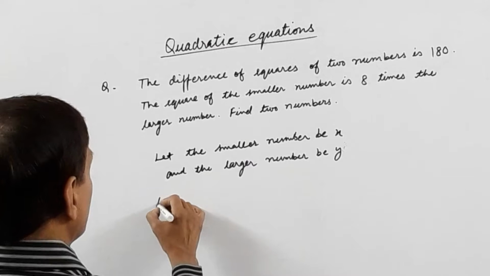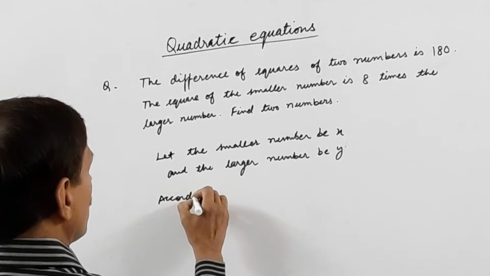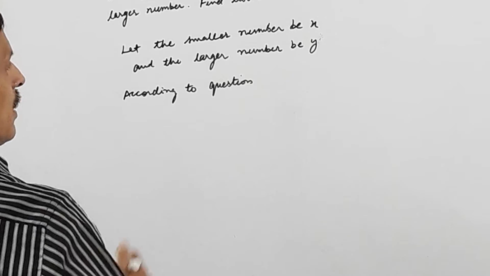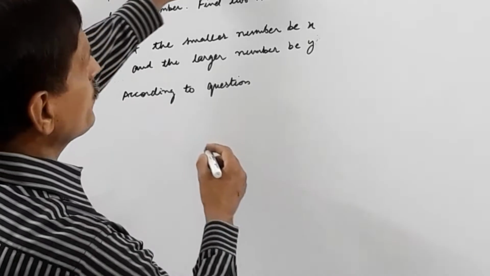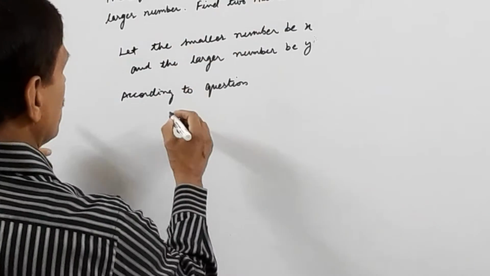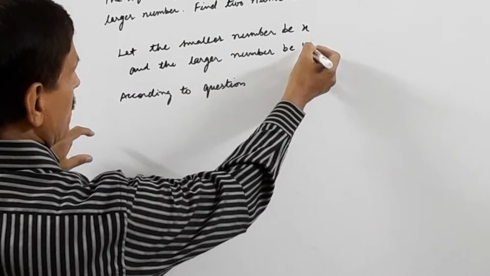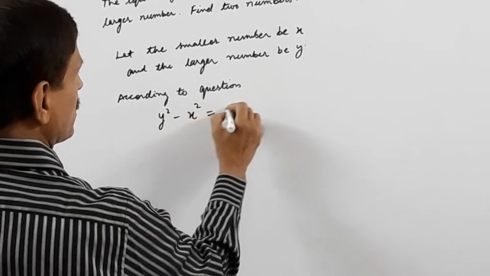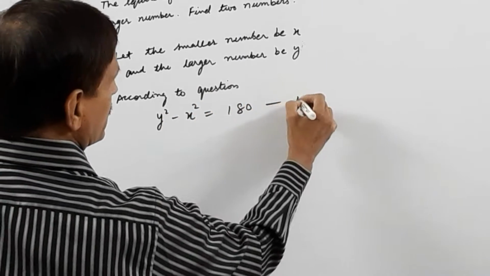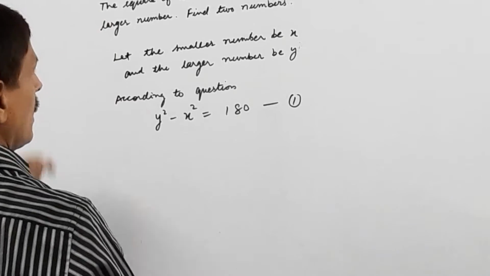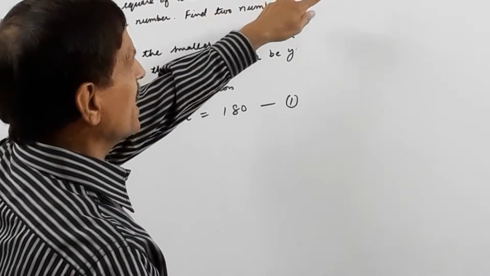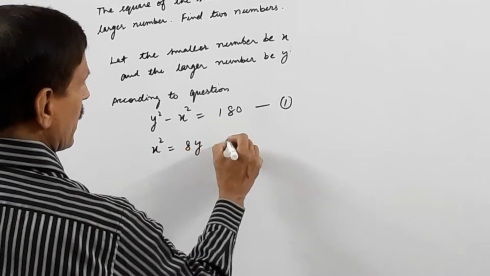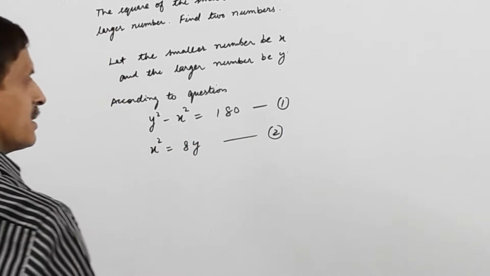According to the question, the difference of squares of two numbers is 180. Larger number square minus smaller number square is equal to 180. This is equation 1. The square of the smaller number is 8 times the larger number. x square is equal to 8 times y. This is the second equation.